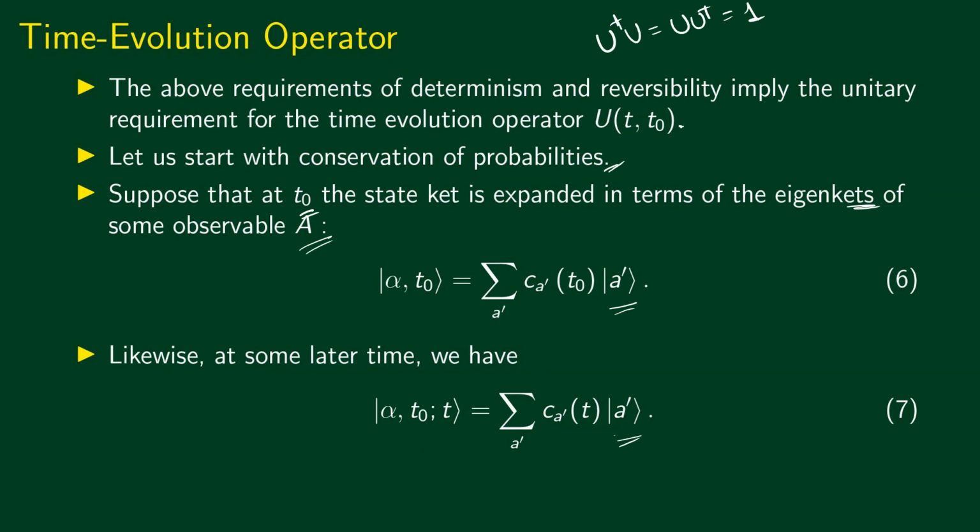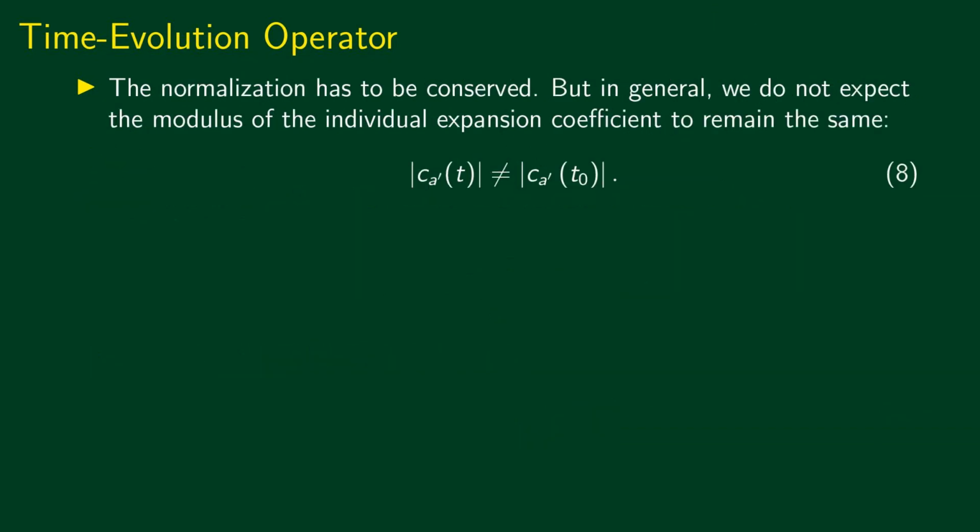Since the basis vectors are the same, we expect the expansion coefficients to be time dependent, or different. So here we write the expansion coefficients as C_A'(t0), and here we write the expansion coefficients as C_A'(t). Now we want the normalization to be conserved.